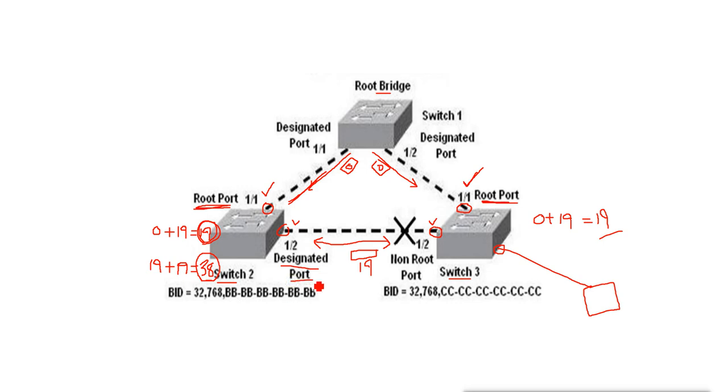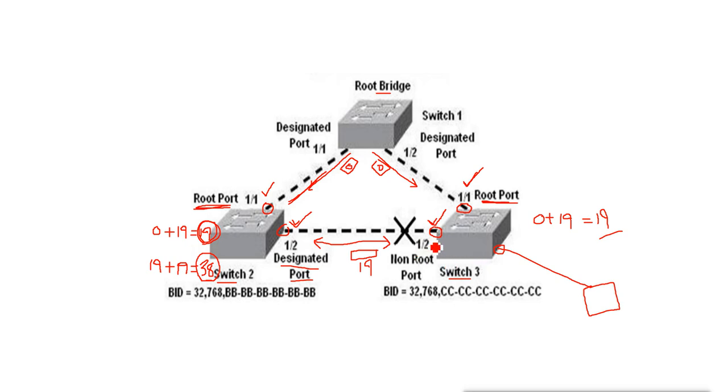Now for switch 2, this port is the designated port, and for switch 3, this port is the designated port. Now this designated port can create a loop. So after deciding the root port, the switch will see what other designated ports it has. It may have more than one designated port.